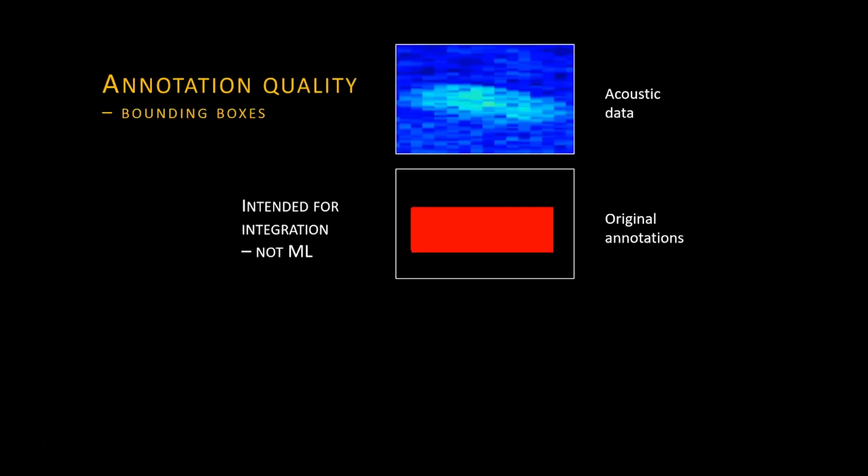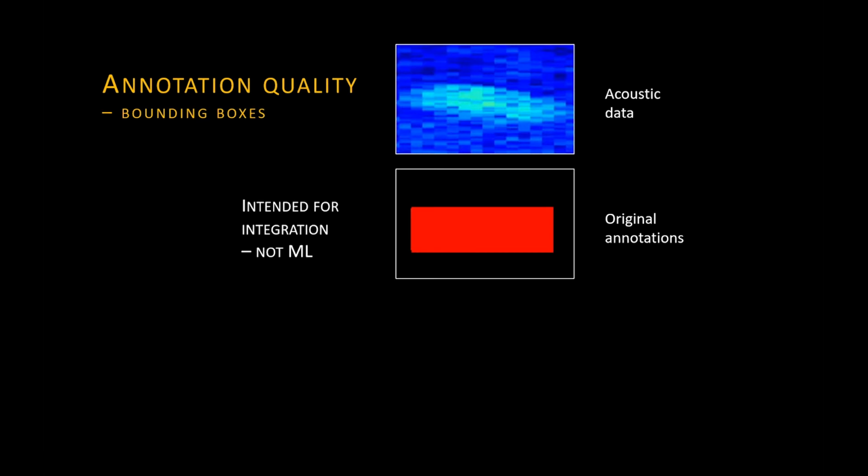These annotations are intended for integration and not machine learning. By that, I mean how the Institute of Marine Research uses these annotations in the downstream pipeline. They use them as an integration mask over the acoustic data to estimate the amount of fish.